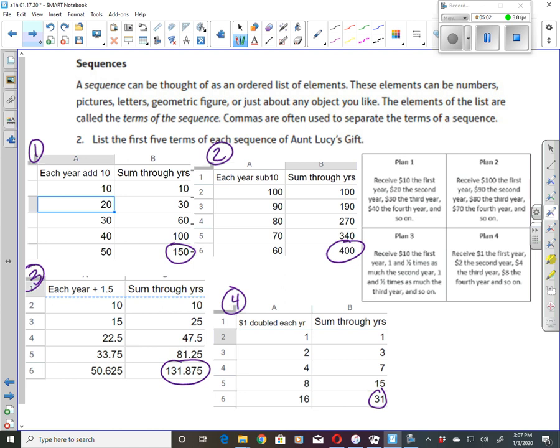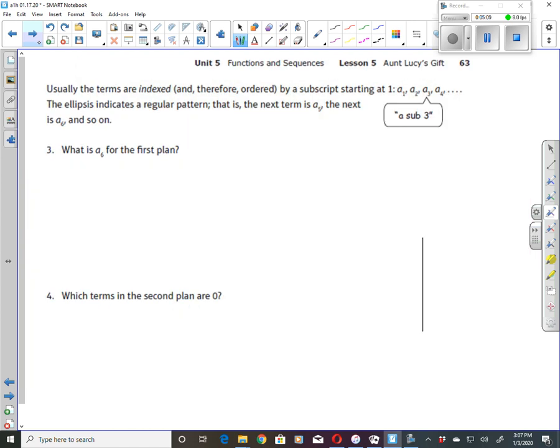As we go through this, we're beginning to introduce some new terminology. So we are talking about using terms that are indexed so that we can order them. We call this a subscript.